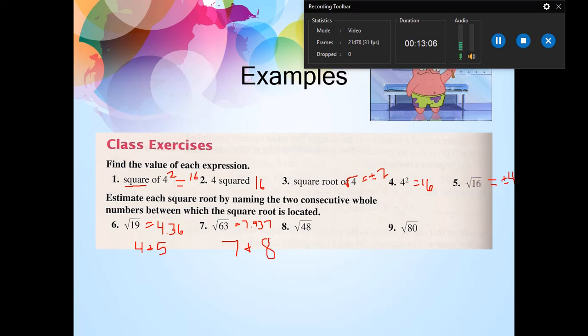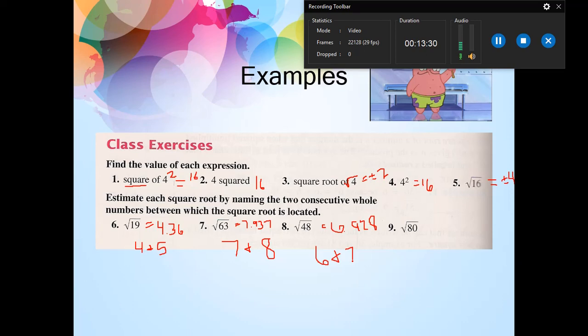For number 8, the square root of 48 is 6.9282. So I know that this number falls between 6 and 7.